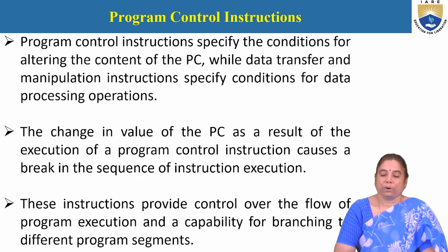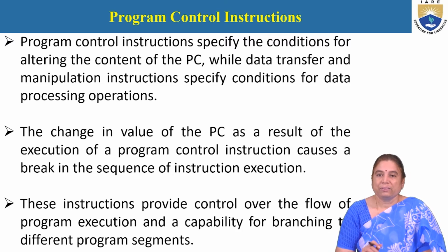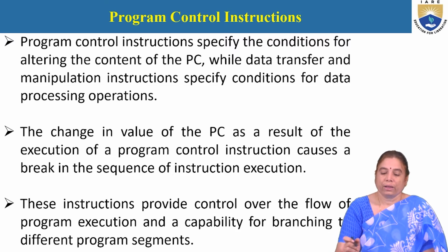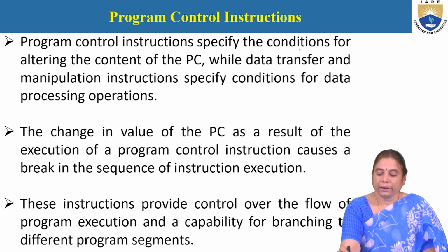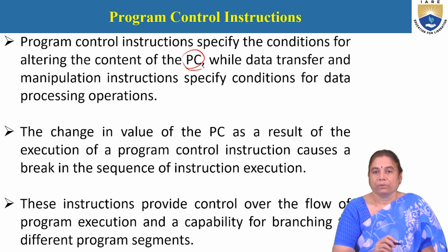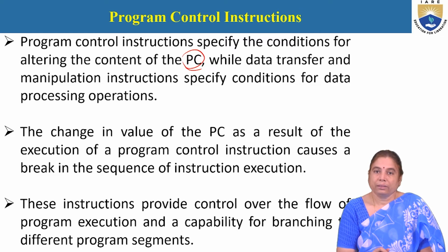They specify the conditions for altering the content of the PC so that the PC address can be changed and control can be moved to the specified location, altering the sequence of execution of the program. While data transfer and manipulation instructions specify conditions for data processing operations.